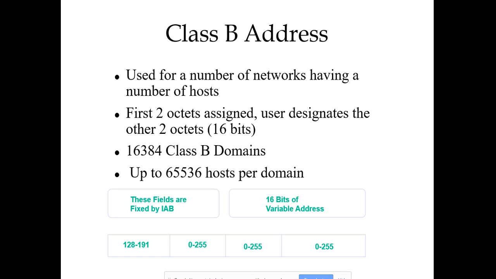Class B, remember we talked about the first two octets in this particular case as the network ID. The Internet Advisory Board here, IAB, is someone who works with IANA, which is the Internet Assigned Numbers Authority, to make sure that people are adhering to this rule, this protocol for IP addresses.